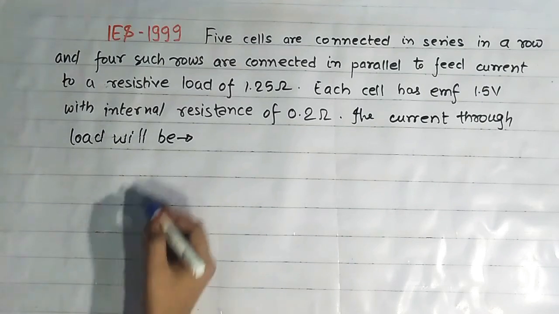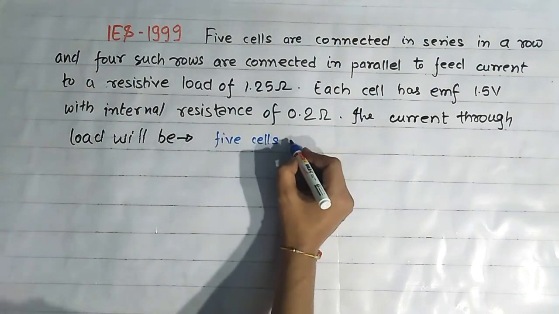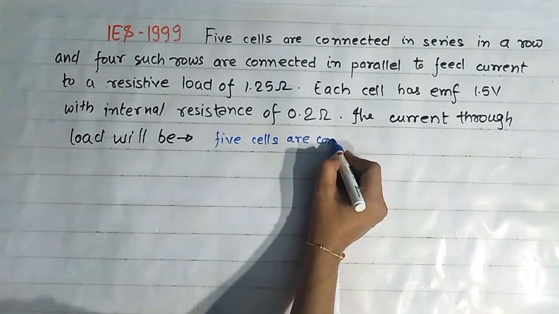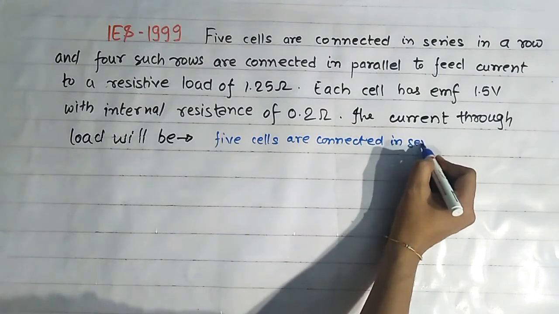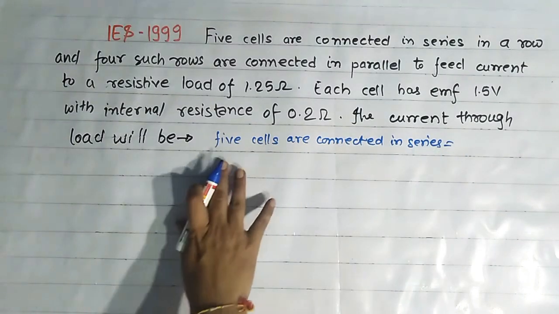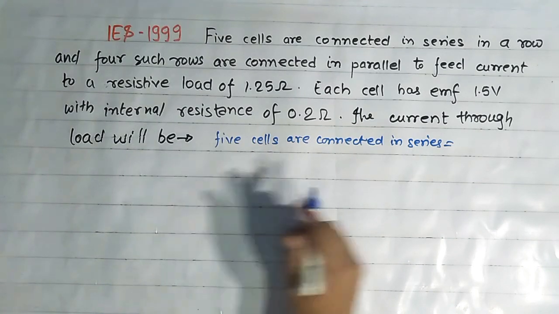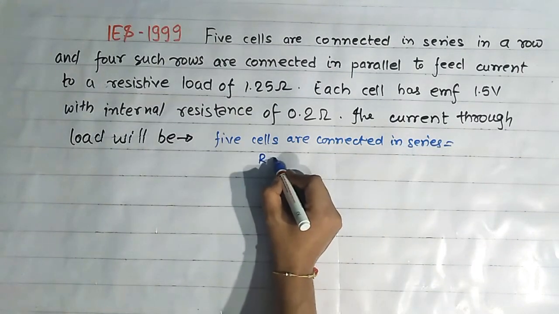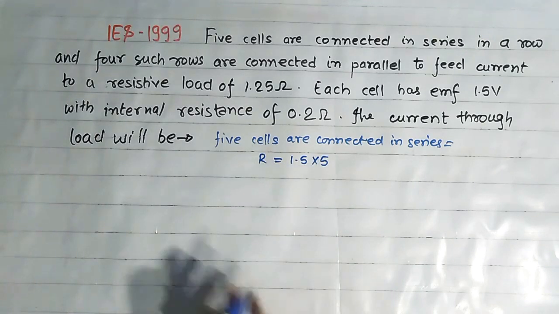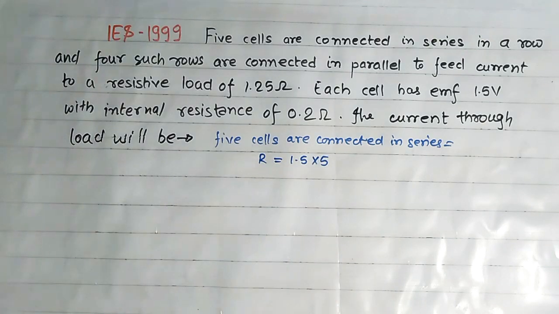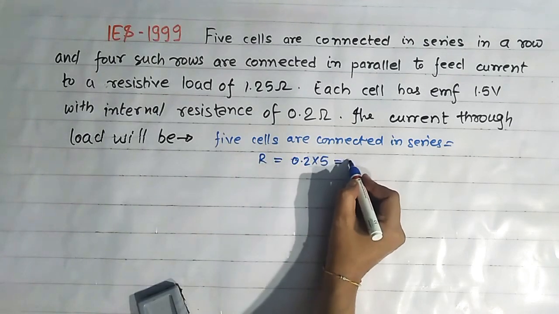Here the question says that 5 cells are connected in series. It means the total internal resistance of these 5 cells connected in series will be 0.2 ohm into 5, that is equal to 1 ohm.